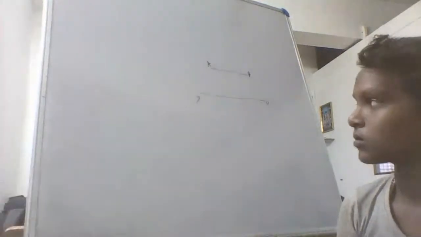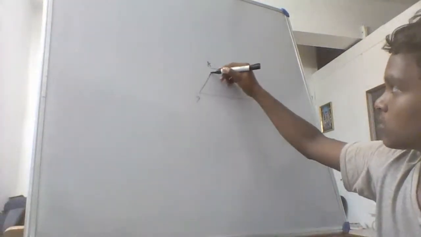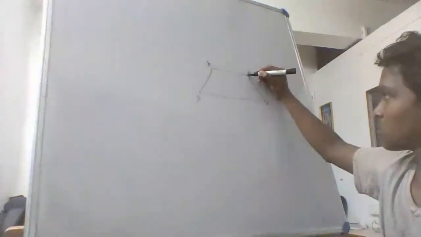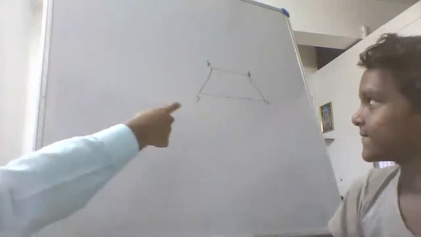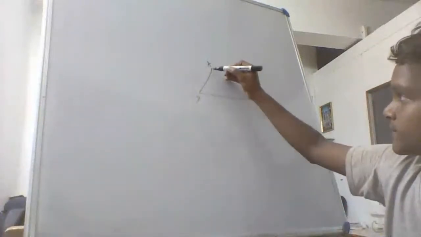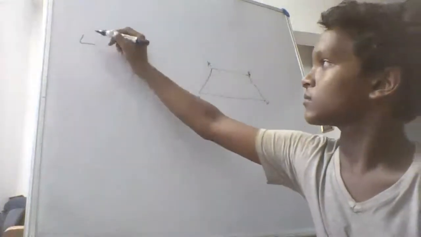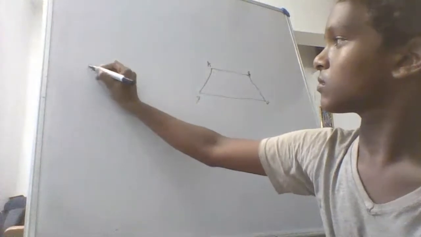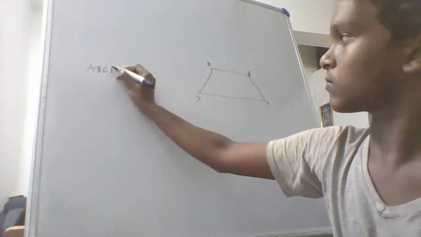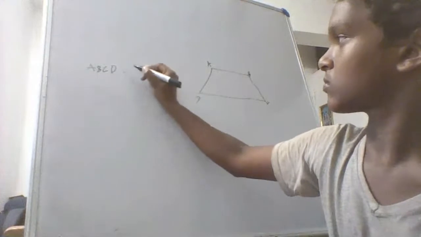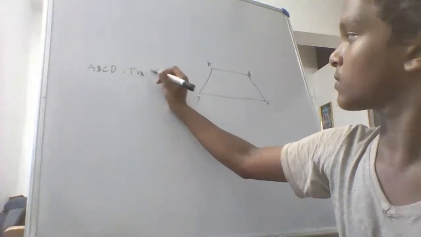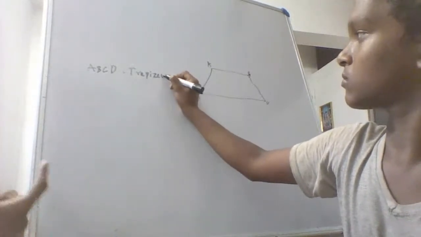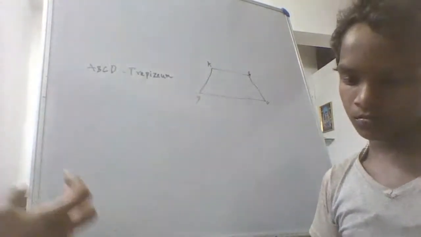After that, you have to join them. This is a trapezium here. So write down ABCD is a trapezium. What we have done is drawn a trapezium, which is ABCD.